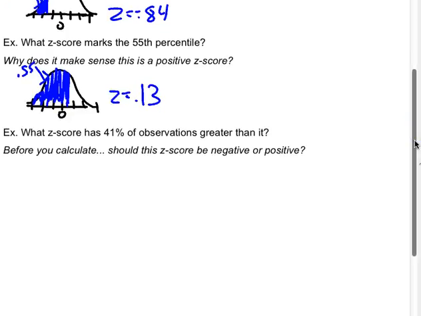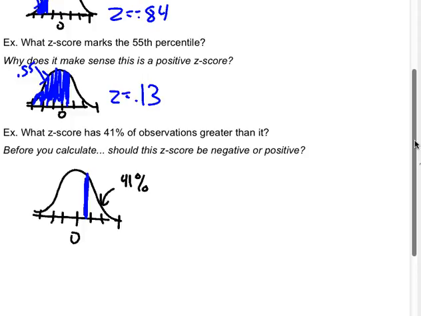Last thing, what z-score has 41% of observations greater than it? All right, so here, having 41% greater than it, that's going to be, oh, about right here. Okay, so 41% greater than it.